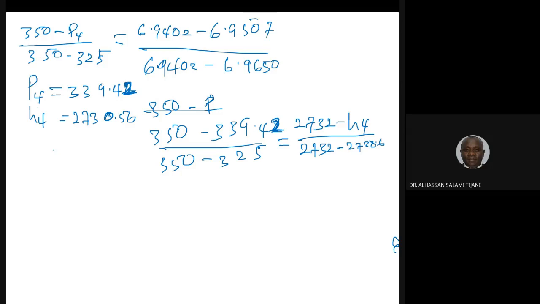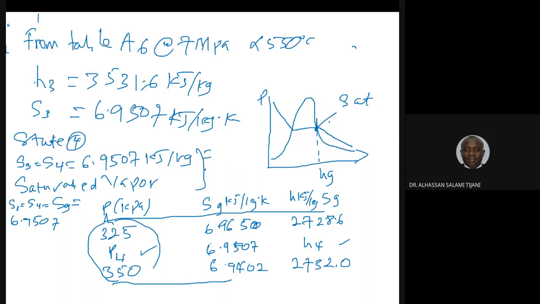Good. So now we have found H4 and P4. Let me explain carefully again. We are told that state 4 is a saturated vapor state. So knowing that, the entropy at state 4 is given.